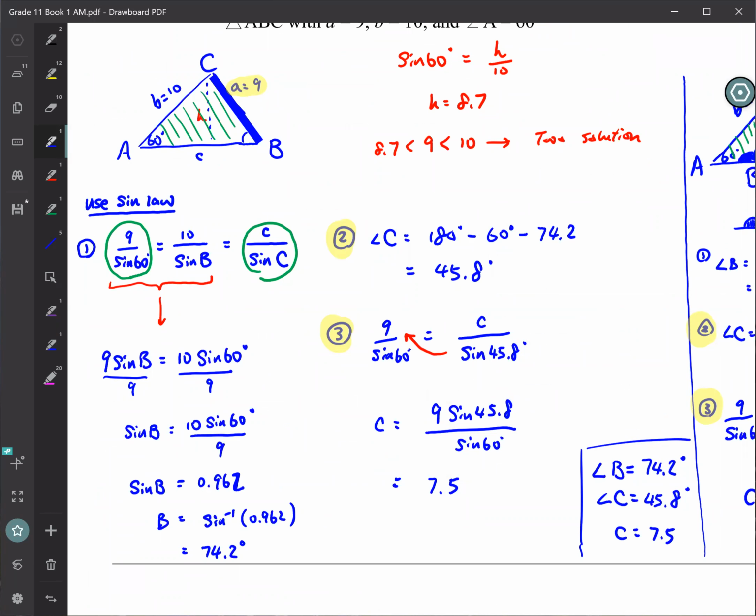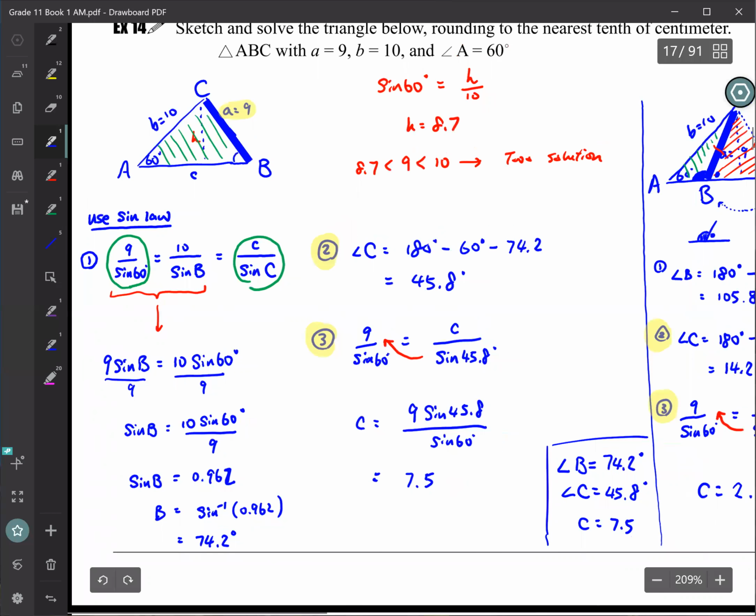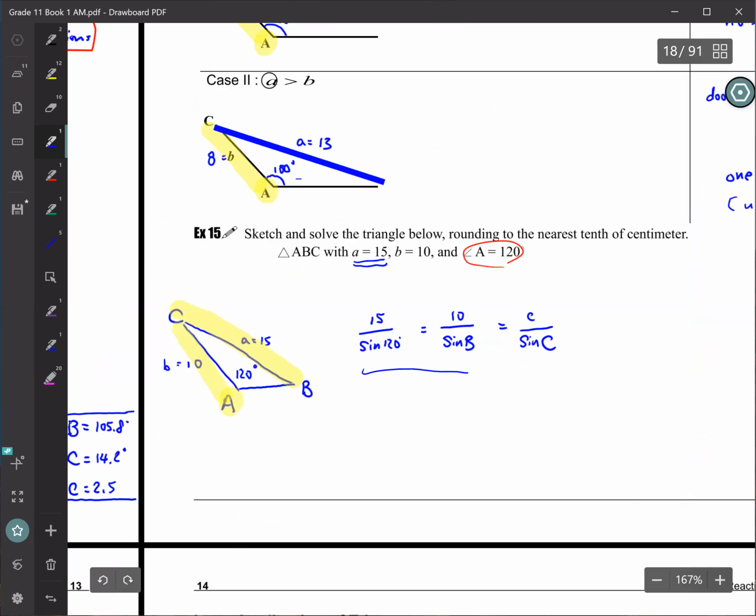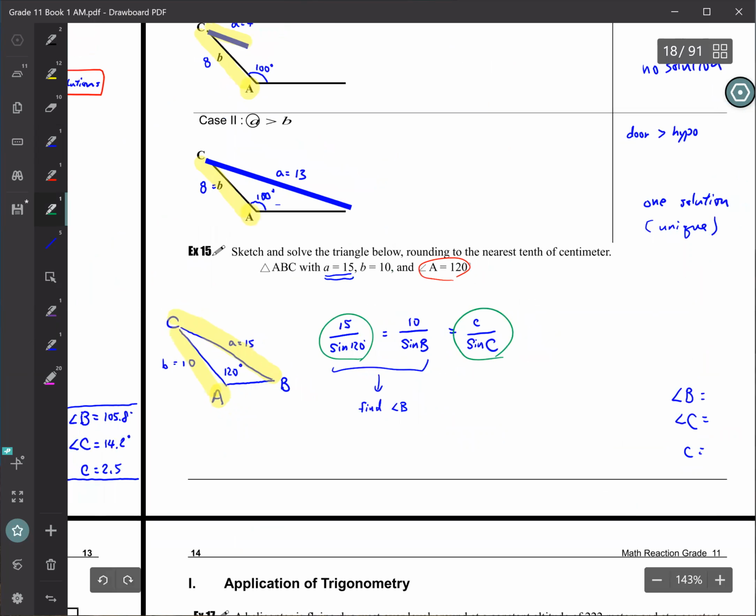You are missing angle B. You are missing the pair for C. So you do exactly the same thing as part 1, the first triangle of the 2 solutions. You use this to find angle B, and after that, you use the first pair with the last pair, and you can find the missing angle C. So we'll write that down.